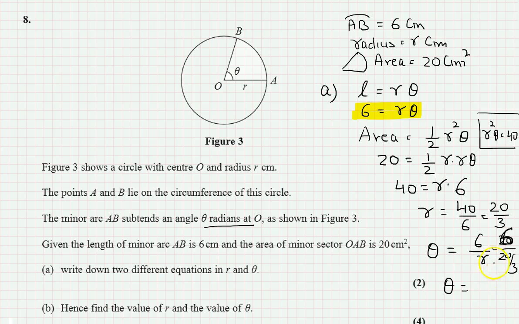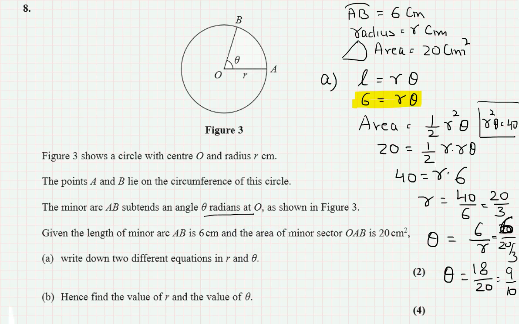So theta will be 18 over 20, that is 9 over 10. And that's all. So the value of r is 20 over 3, and the value of theta is 9 over 10. I think it's a very easy question.